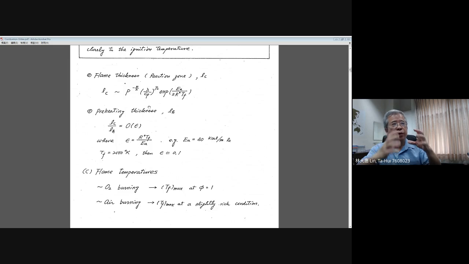Then you need to use the fuel concentration to the power of the reaction order for fuel, times the oxygen concentration to the power of the oxygen reaction order. And these two reaction orders need to be determined by experiment.